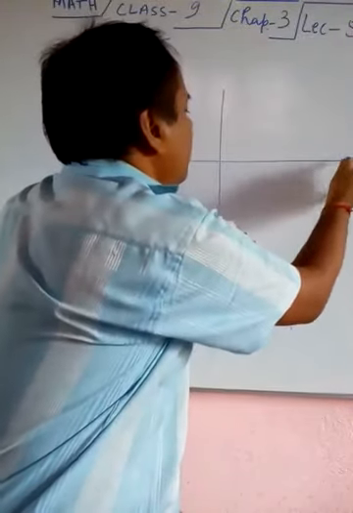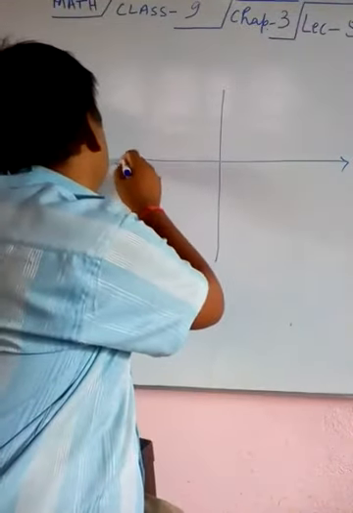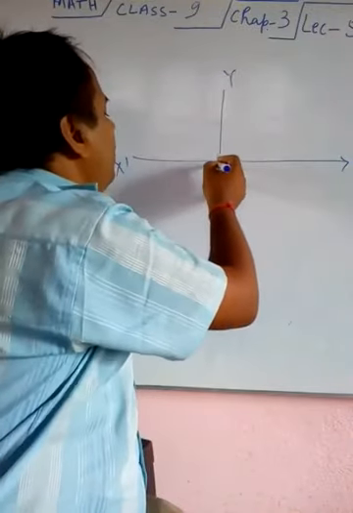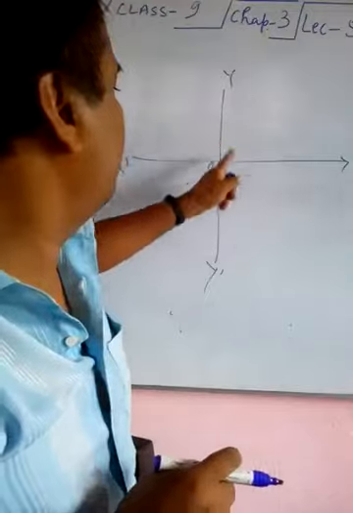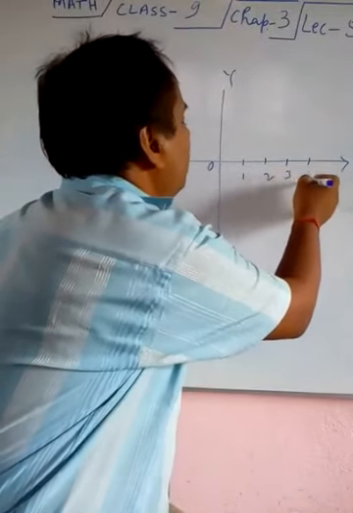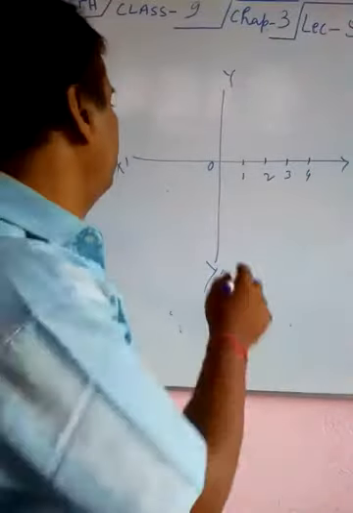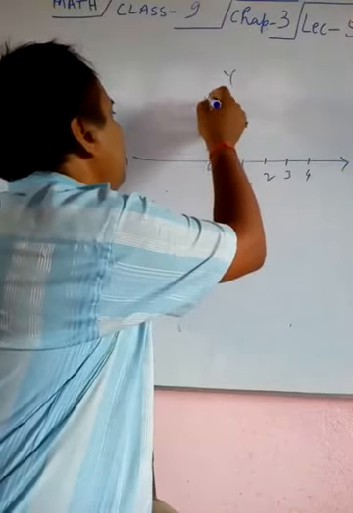Here, this is the x-axis. Here 0. So here all the distances are positive, and here also 1, 2, 3 and 4.